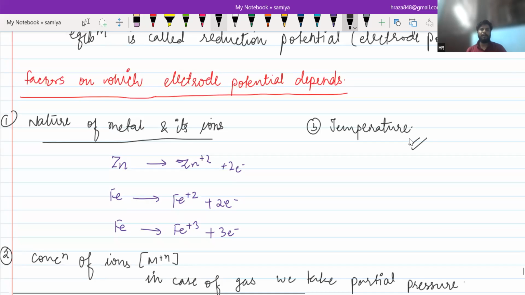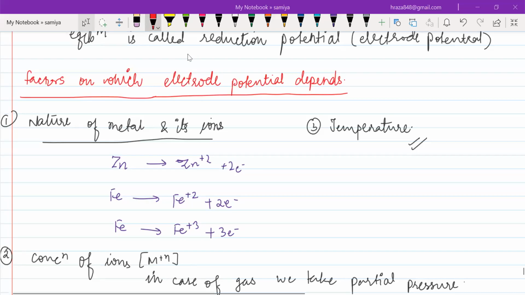So electrode potential depends on three factors: nature of metal and its ions, concentration of ions, and the third is temperature. Let me know when you are done with this.